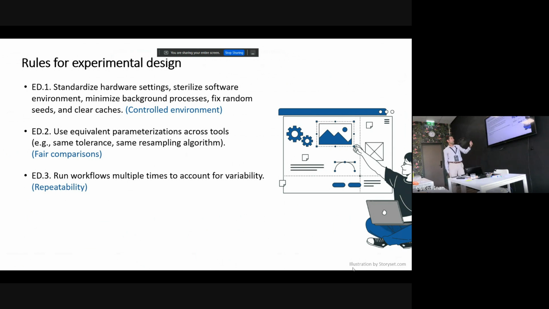You need to use equivalent parameters across tools if you compare different ones. So if you compare QGIS, for example, against ArcGIS for a buffer operation, you need to make sure that they are using the same number of points when creating the buffers, which is actually impossible, because ArcGIS doesn't allow you to set the number of points.